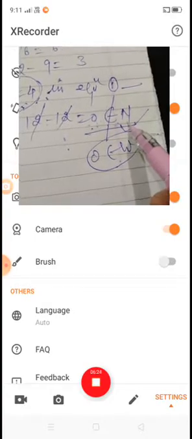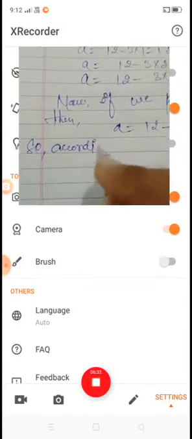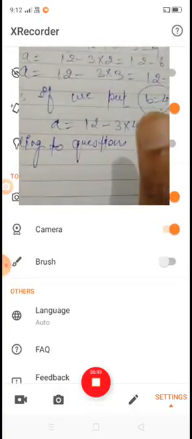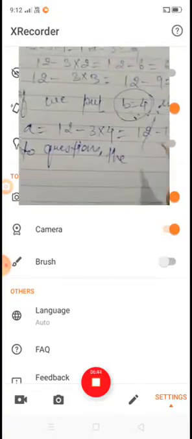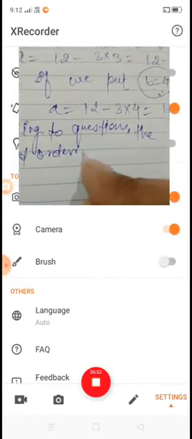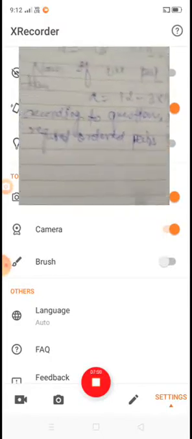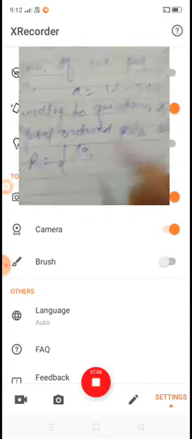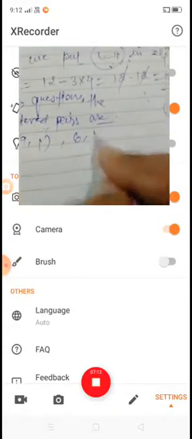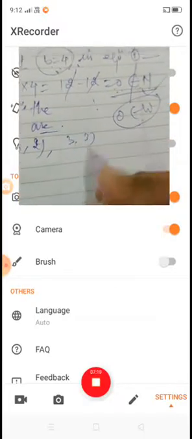So according to the question, the required ordered pairs in the relation are (9, 1), (6, 2), and finally (3, 3).